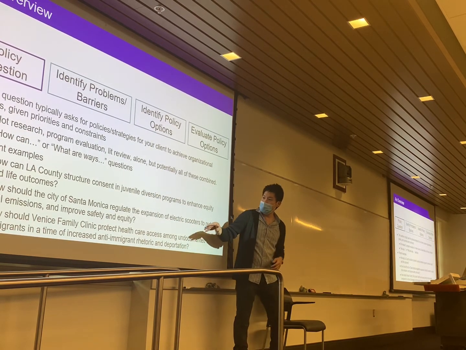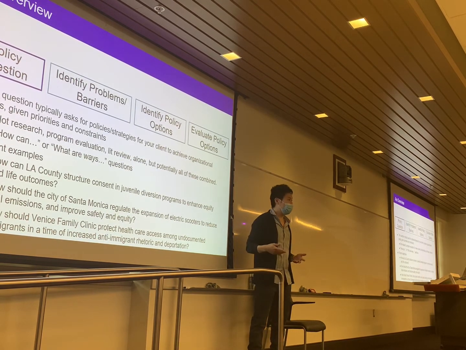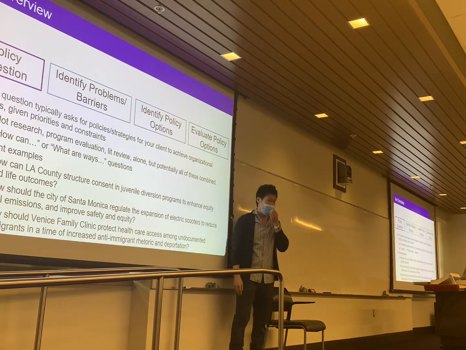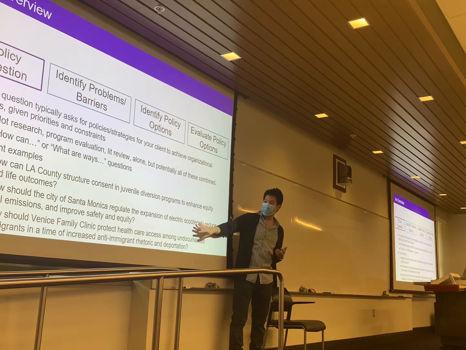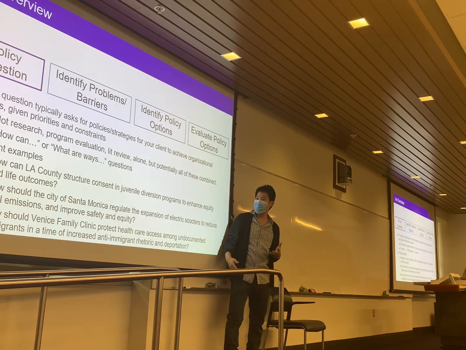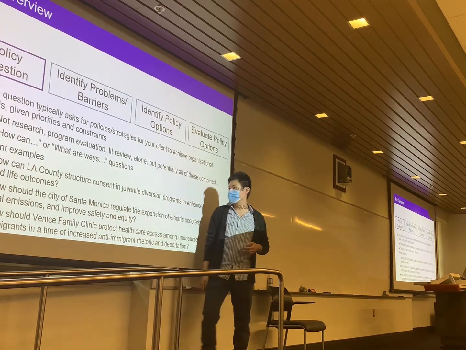How should the city of Santa Monica regulate the expansion of e-scooters to reduce emissions and improve safety and also equity? This was equity of access, okay? So this is also a how statement, and again, how should the client, okay?